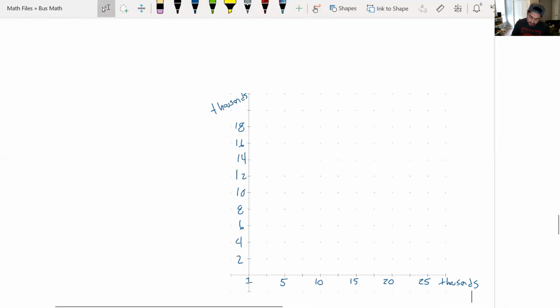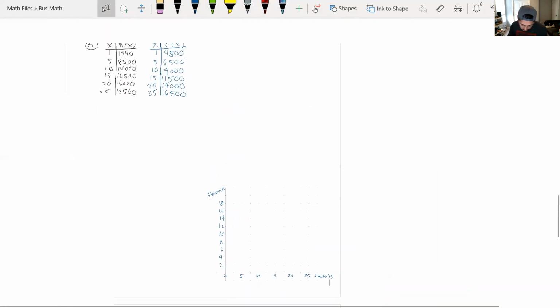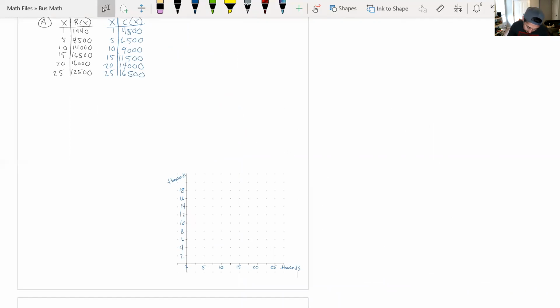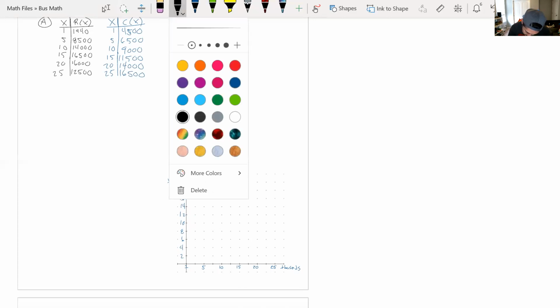Okay, well, let's graph. Let's see what we have. Okay, looking at that chart above, since I wrote in black, revenue is gonna be black. Okay.